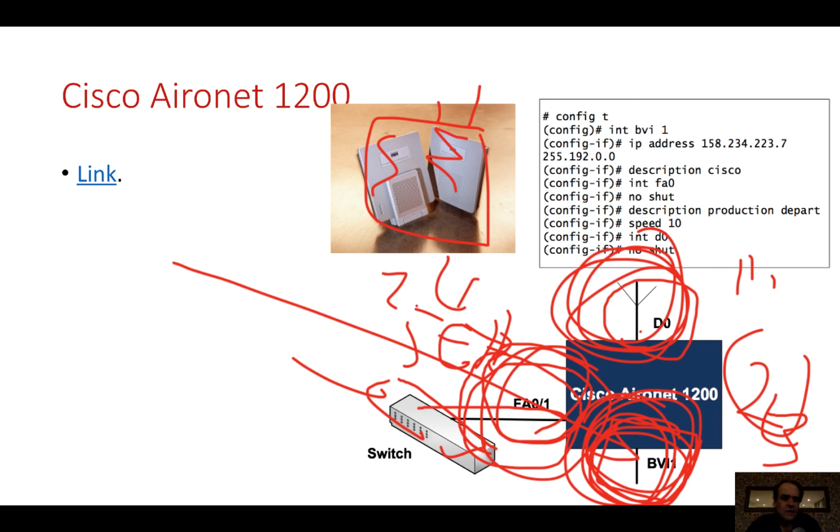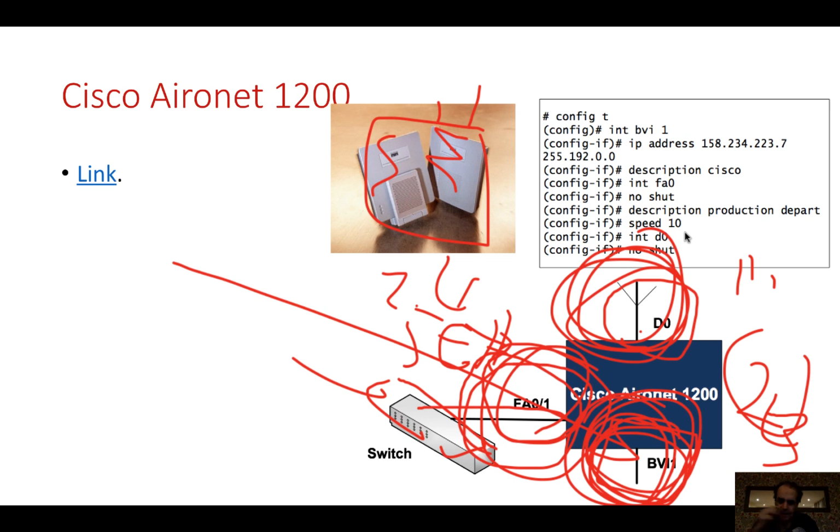Okay, so let's have a look at a quick configuration. In this case we're setting up BVI1 with a certain IP address, and then we're doing a no shutdown on FA0. No need to set an IP address for the Ethernet port, and then we are setting the speed of that, and then we're doing a no shutdown on the radio port.